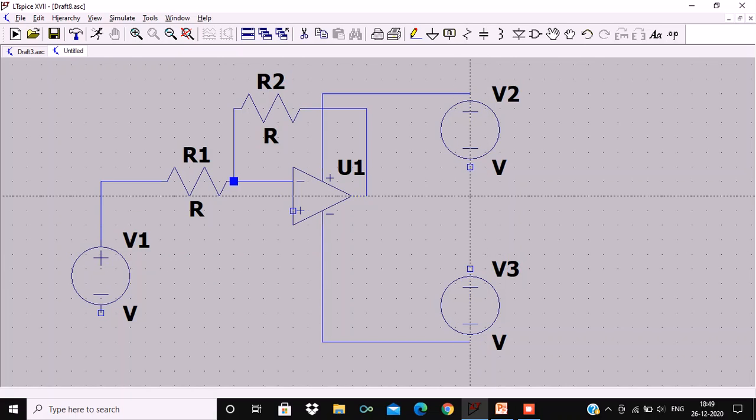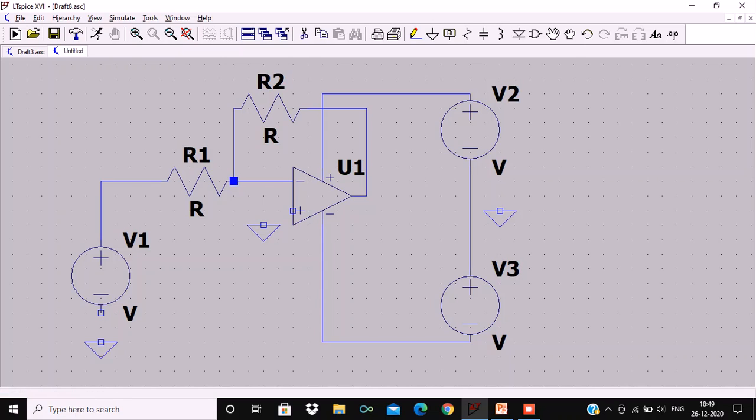Now this is the connection that I have to make, and another component that is required in order to complete this circuit diagram is a ground. I will connect my non-inverting port of op-amp to the ground.